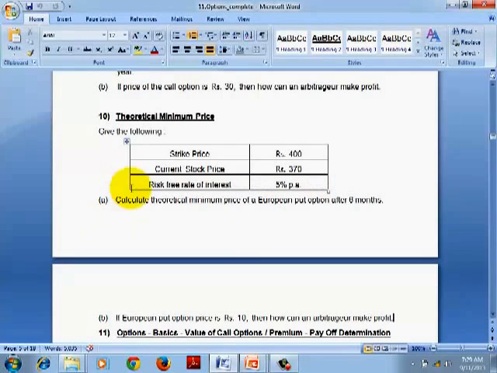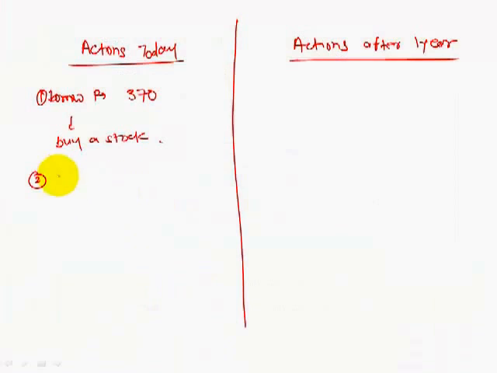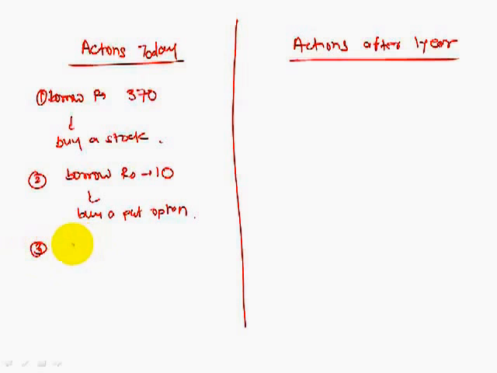Second, let us also borrow an additional 10 rupees, and by borrowing this 10 rupees buy a put option. Now also borrow the present value of 400 minus 370 minus 10.